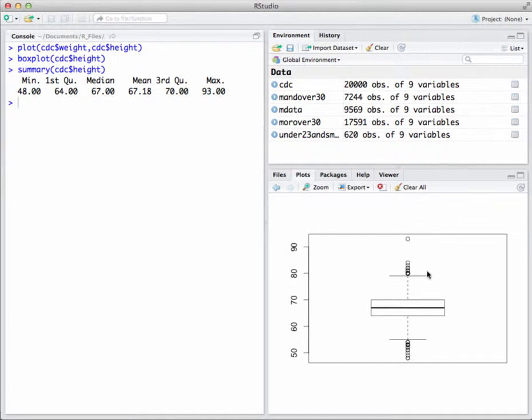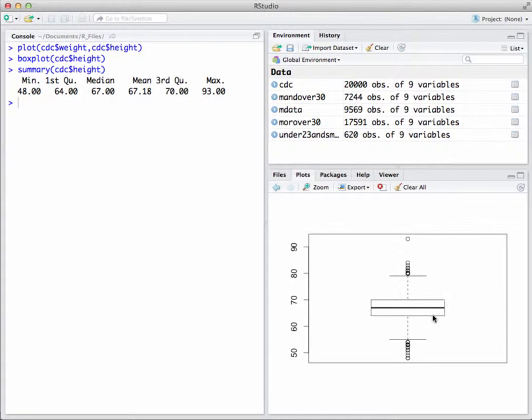NBA player probably, huh? Now, what are the rest of the features of the box plot about? Well, these hinges or whiskers, the ends of the whiskers right here, those values are exactly 1.5 times the interquartile range above Q3 and below Q1. In other words, this distance from Q1 to Q3 is the interquartile range.